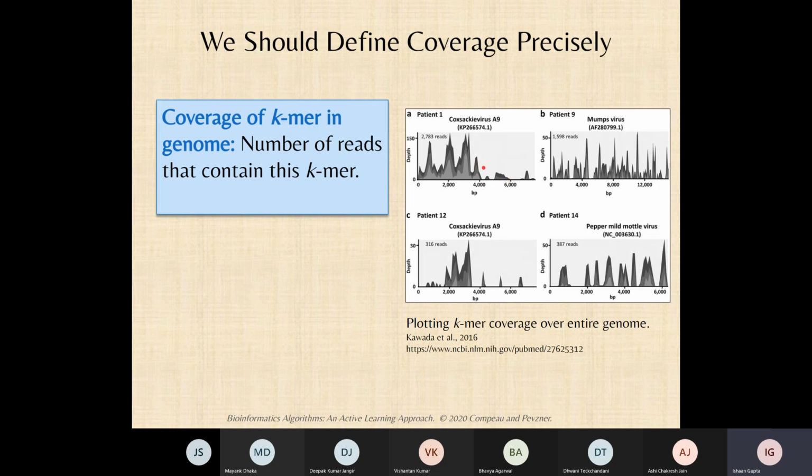So there are two concepts of coverage. The first concept is why coverage is uneven. Why do we have peaks in these ones? Some parts of the genome are sometimes modified, so it's not the same base, and the machine is not able to recognize it, or it causes errors. Another reason is that because it's PCR dependent, some parts are more likely to be amplified than other parts. That's sometimes the case.